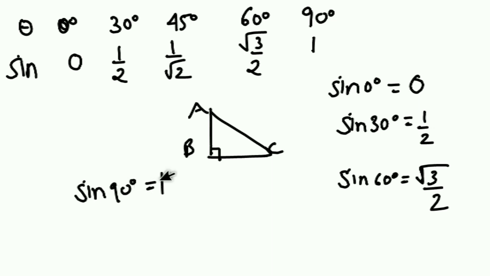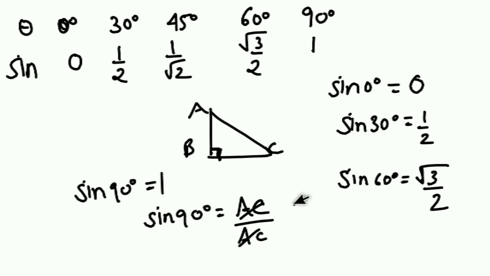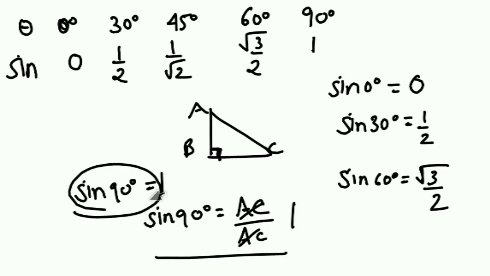So sine 90 degree means sine of this angle. And the formula for sine 90 degree is opposite side, which is AC, divided by hypotenuse, which is also AC. So when you cancel this, you get 1. So in this way, you got the sine 90 degree value as 1. So these are values for sine.